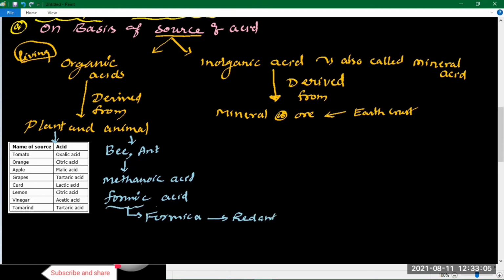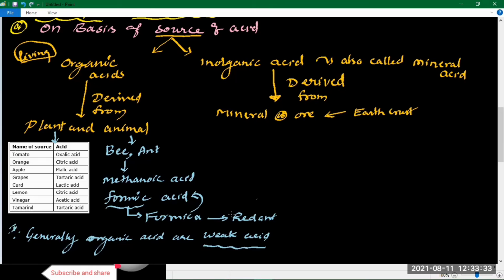So the sting of a red ant releases the acid called formic acid. So these are the best examples for organic acids. Generally, organic acids are weak acids. I'm giving this here for note. Later on we'll discuss weak acids and strong acids.